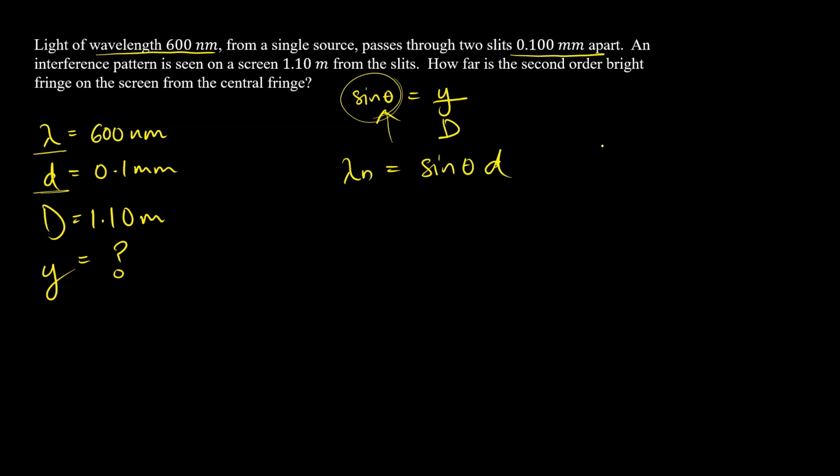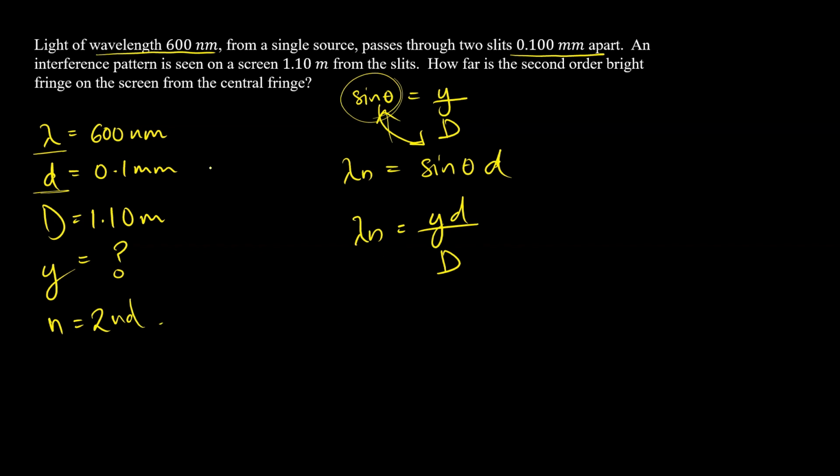Not bad, right? So let's substitute y over D for sine theta. So lambda times n is equal to yd over D. Great. n would be 2 because it's the second order bright fringe that we're asked about.